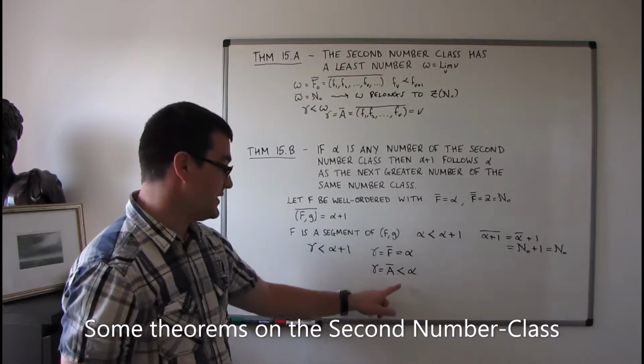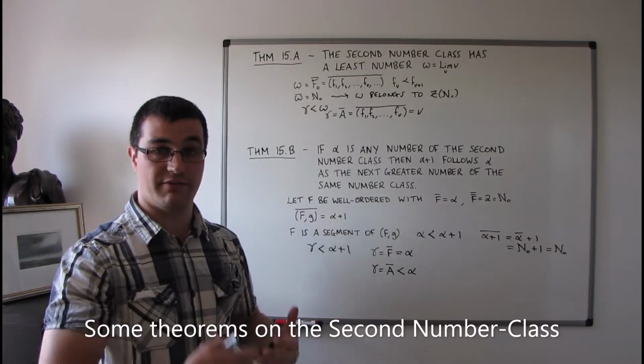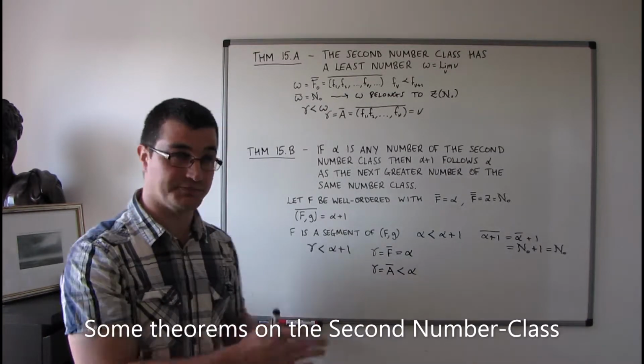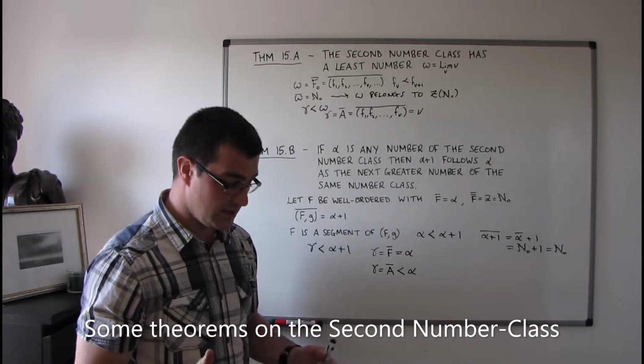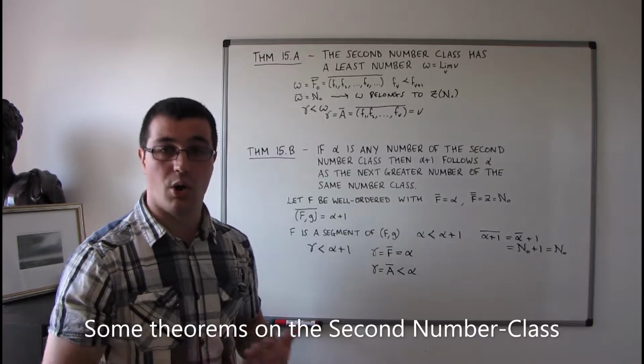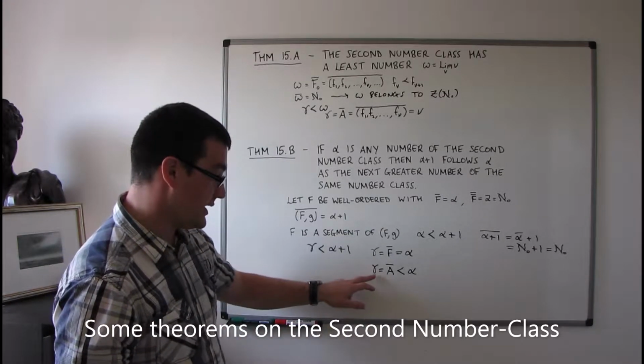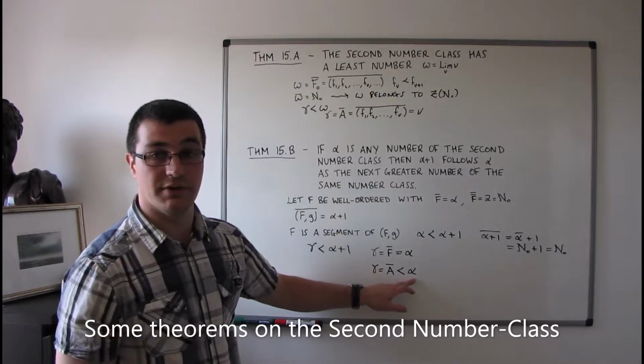So this comes from the definition of less than with reference to ordinal numbers. So I think it was the beginning of maybe the last video that I did, where I went through ordering of ordinal numbers. So in this case we're going to get gamma is less than alpha.